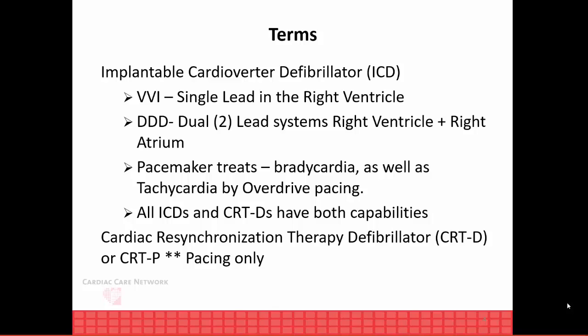We all know that pacemakers treat slow heart rhythms or bradycardia, but what's special about defibrillators, ICDs and CRTs, is that it can also overdrive pace or deliver painless pacing in case there's an abnormally fast heart rhythm. All ICDs, importantly, and CRT-Ds have both capabilities of pacing as well as defibrillation.